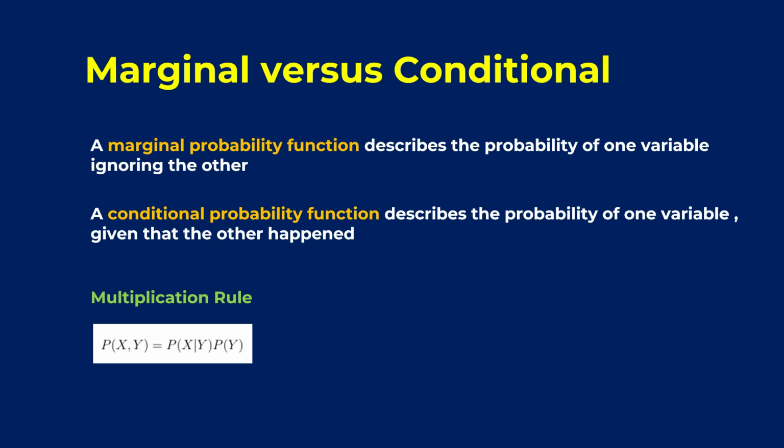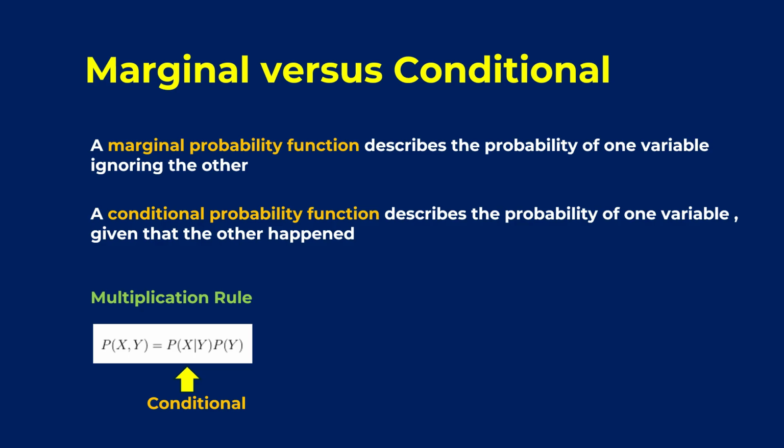Now the multiplication rule explains the joint probability distribution, and it relates to the conditional probability and the marginal probability. We can see the conditional probability, the probability of x given that y has occurred, times the probability of y, which is the marginal probability in this case.